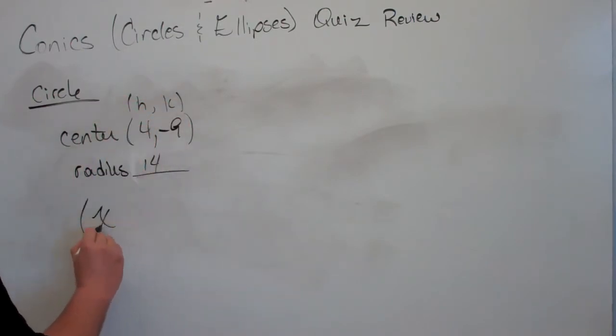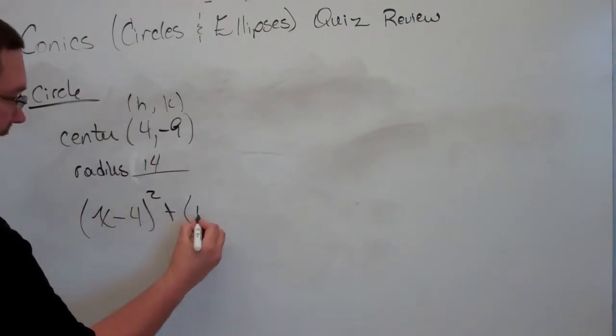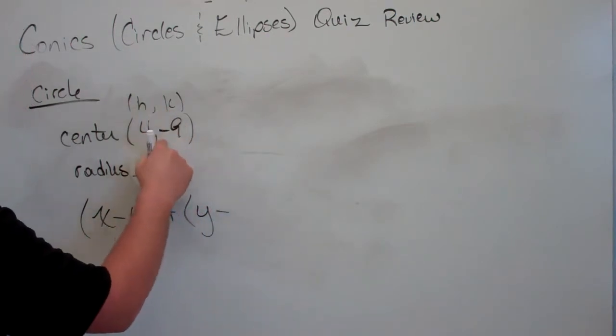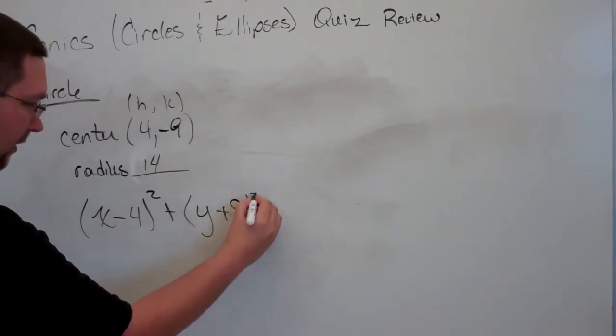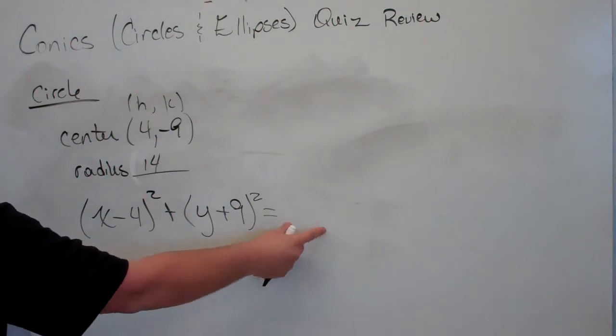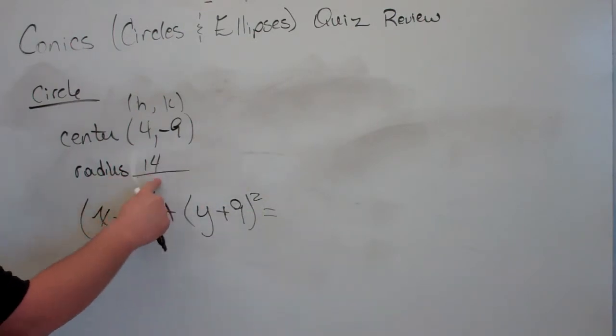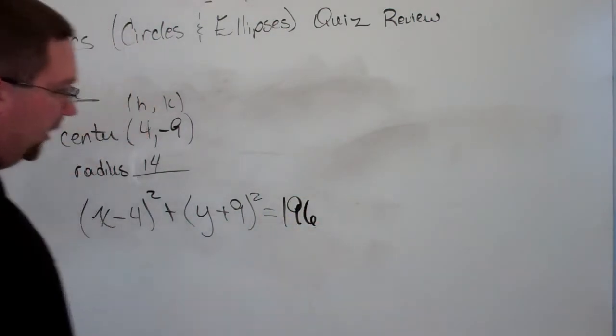So we're going to do x minus 4, squared, plus y minus k, well, k is negative 9, so it's going to be y plus 9 squared. And now we know that this equals r squared, so since our radius is 14, 14 squared is 196.